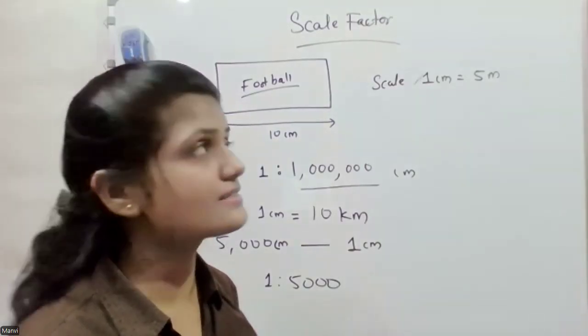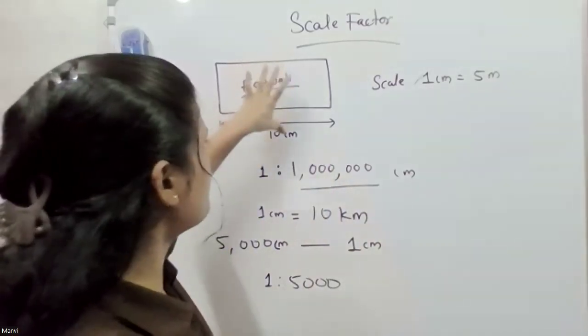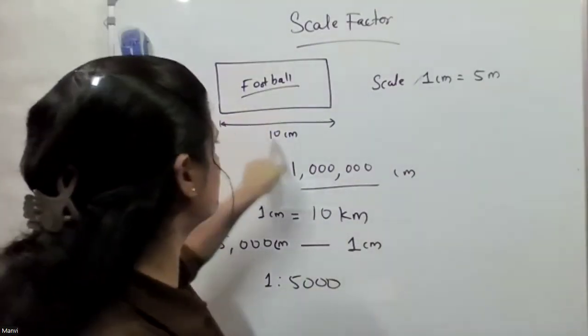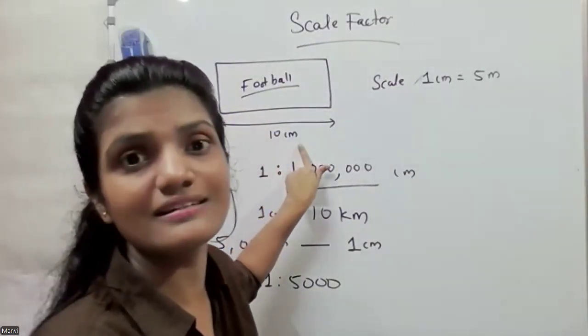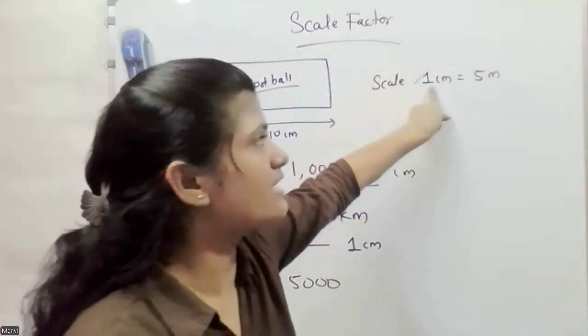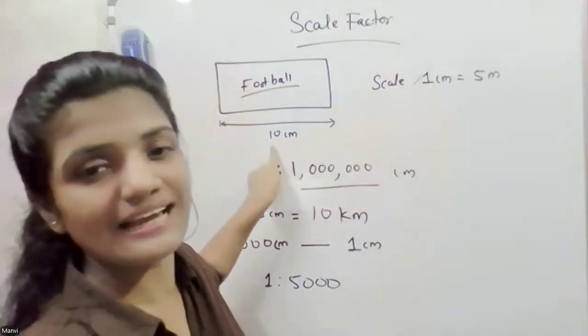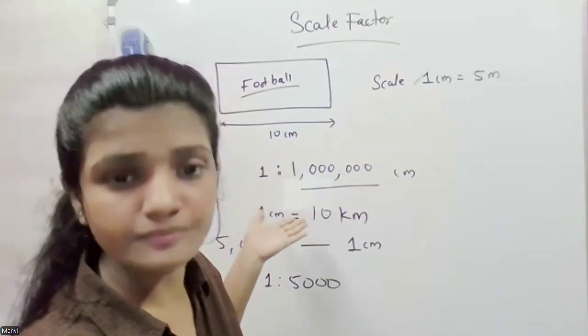The second type is: in the map, this football ground denotes 10 centimeters, so what is the real length? The question already gives us the scale, 1 centimeter equals 5 meters, so 10 centimeters will be 50 meters.